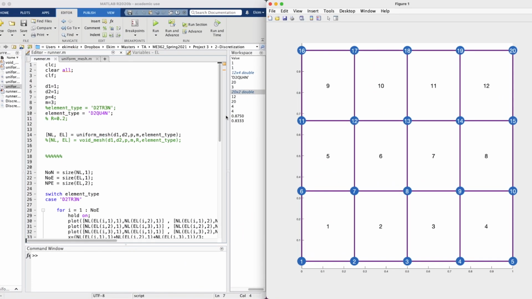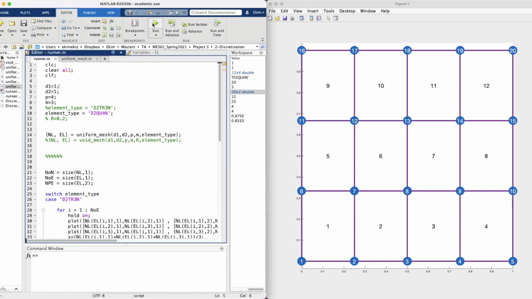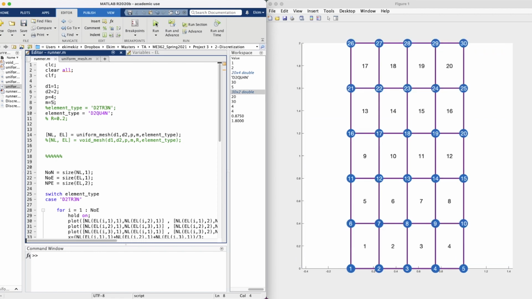So this is how we generate our domain. So let's run it with different parameters and see. And maybe change our element type.